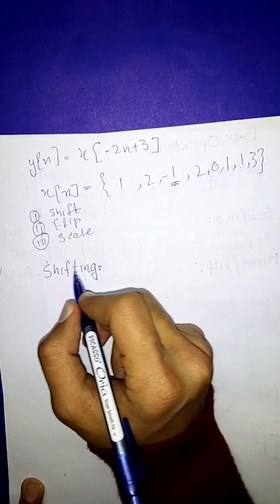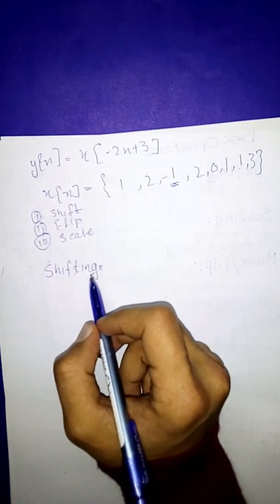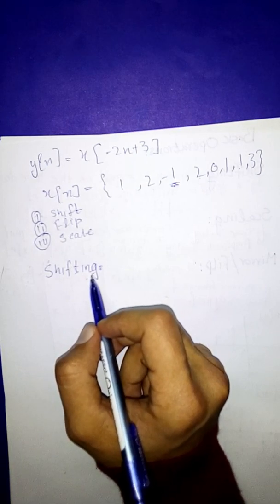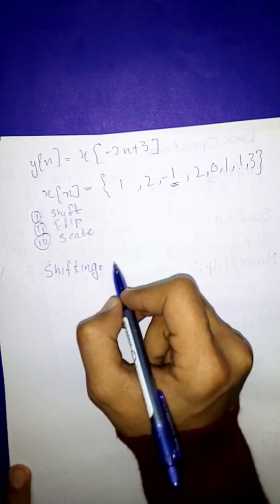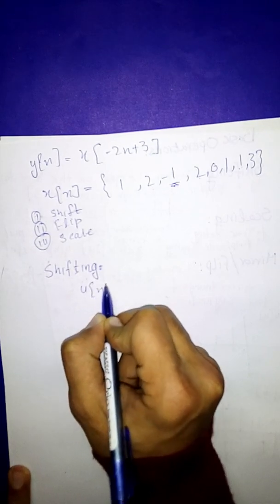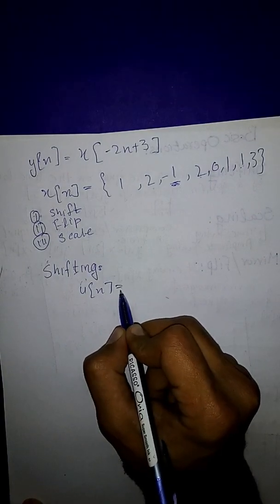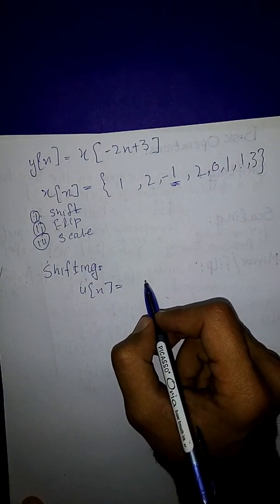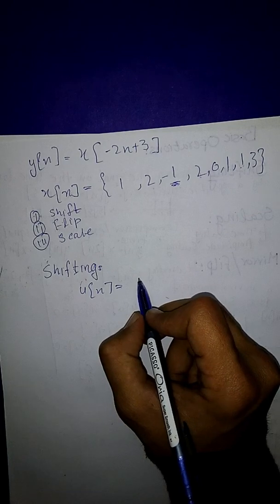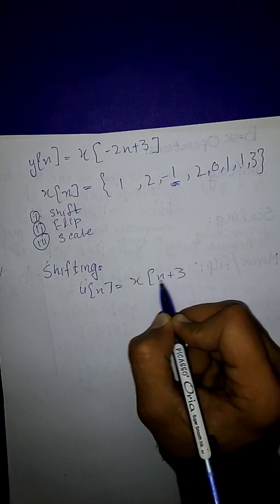First of all, we will apply shifting on our input signal. Now, the process of shifting in this signal, we'll name it U of n, and it is being shifted by x is equal to n plus 3.